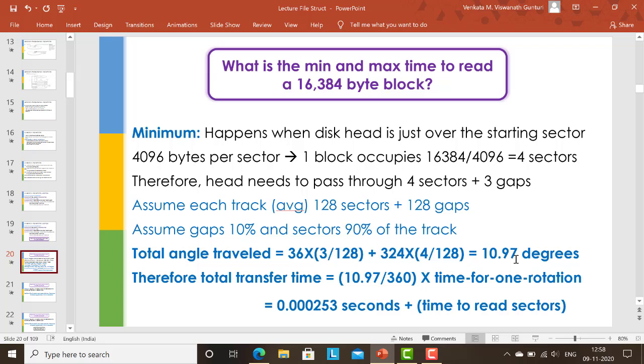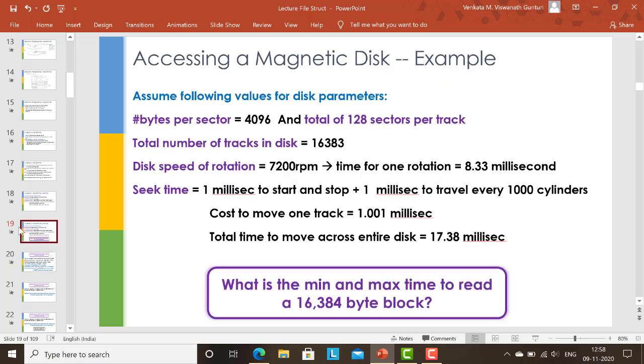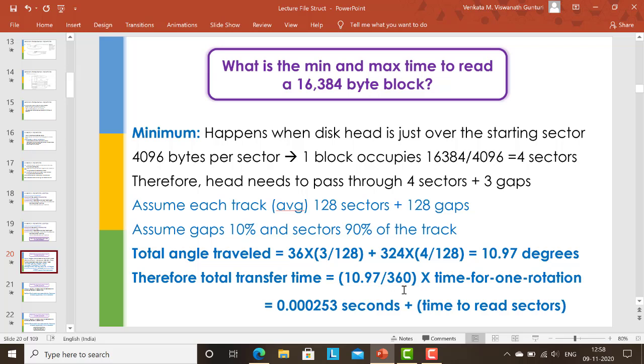Now if we have to read this much of arc, then we have to multiply by the time to rotate. If my time for one rotation is 8.33 milliseconds, then in 8.33 milliseconds I'm going to rotate 360 degrees.